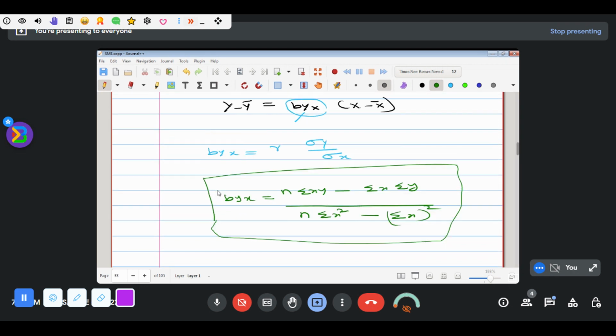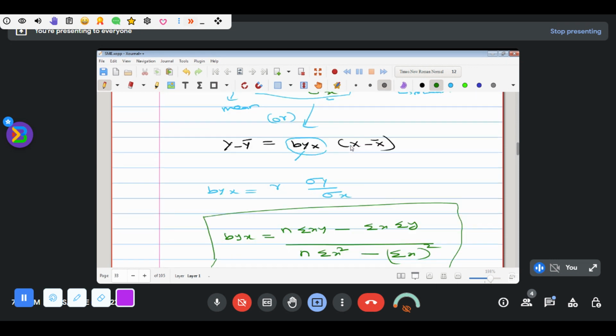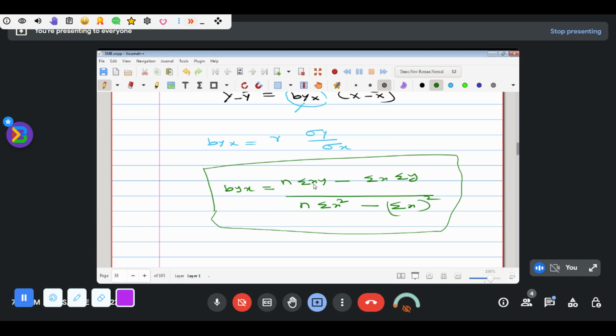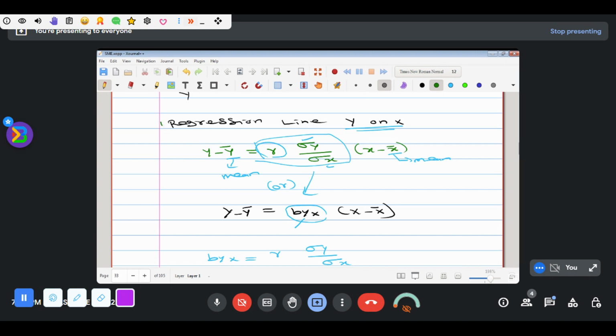So y on x is y minus y bar equal to byx into x minus x bar, where byx is the regression coefficient y on x. It can be written in two formats: r into sigma y by sigma x, and the summation formula. This is the first part, the y on x formula.